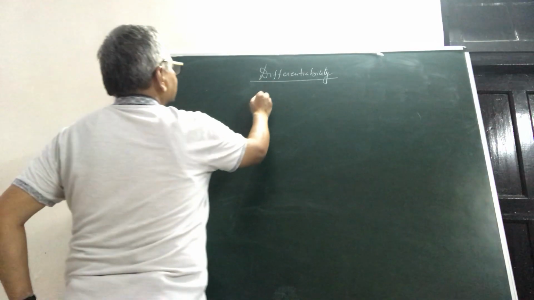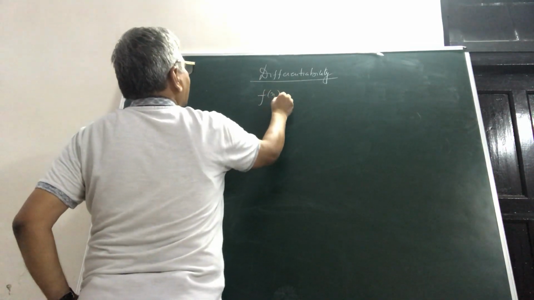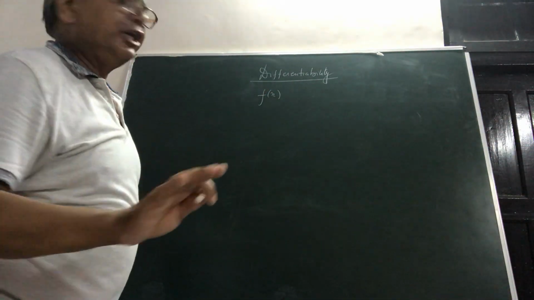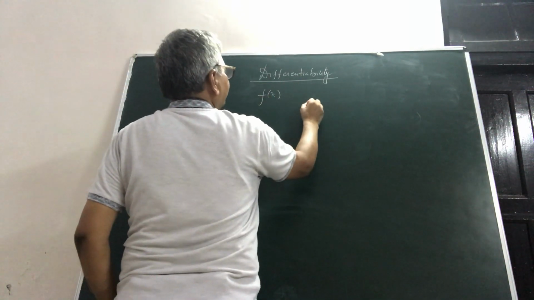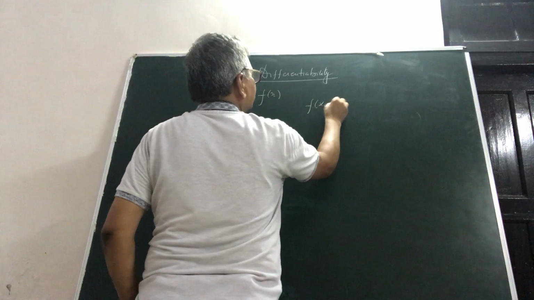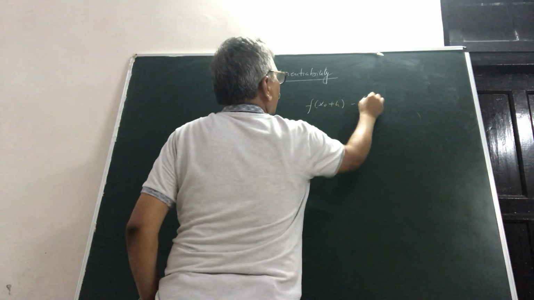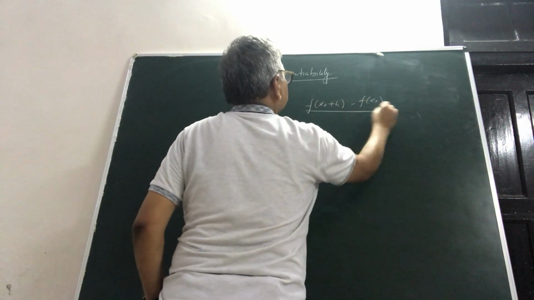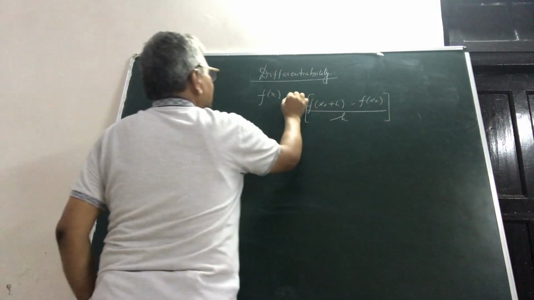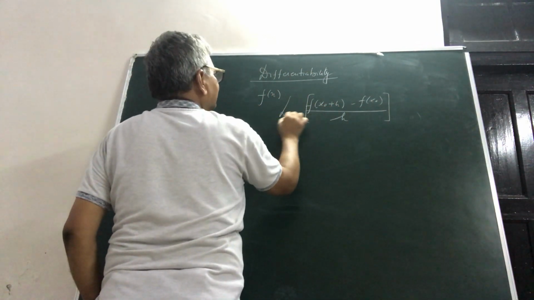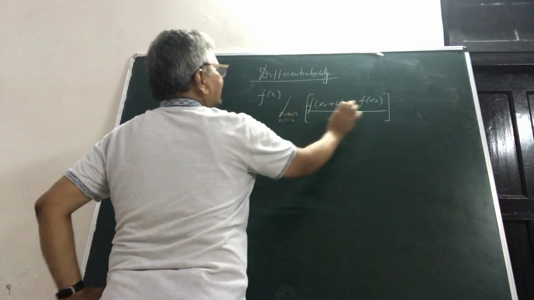Suppose f(x) is some function, and you say that it is differentiable at a point, say x naught, if the limit of f(x naught plus h) minus f(x naught) upon h, as h tends to 0, exists.